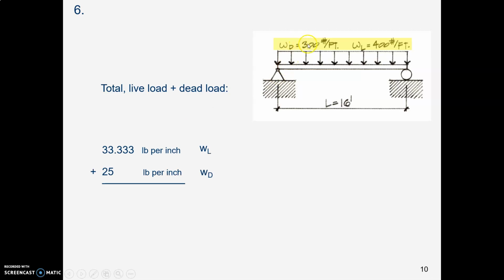And we figured out the dead load, 300 divided by 12 gave us 25 pounds per inch. So altogether, those two add up to 58 1/3 pounds per inch total distributed load. Each inch of this beam is carrying that much.